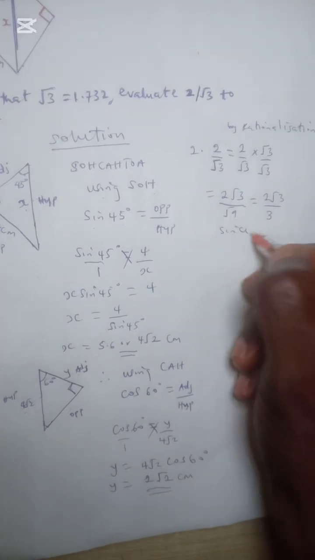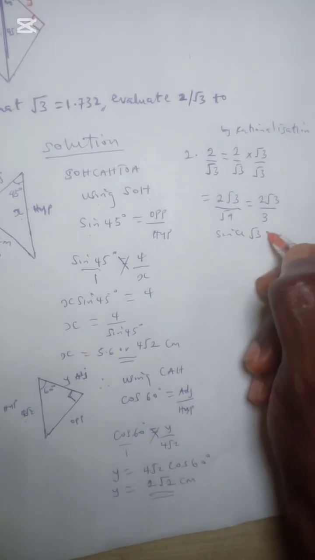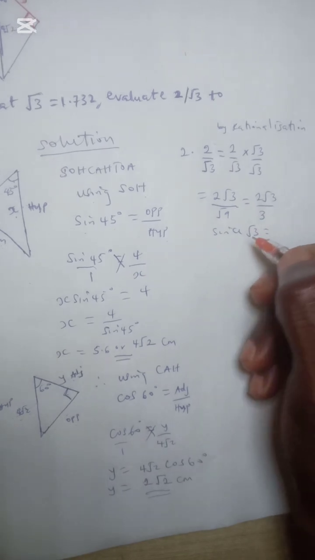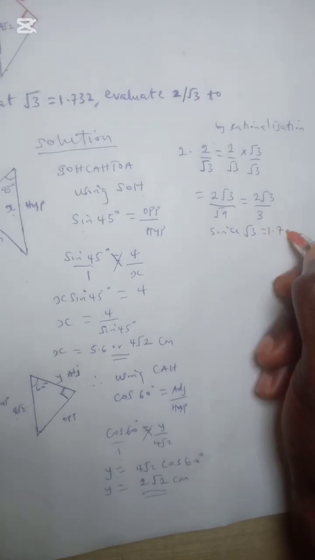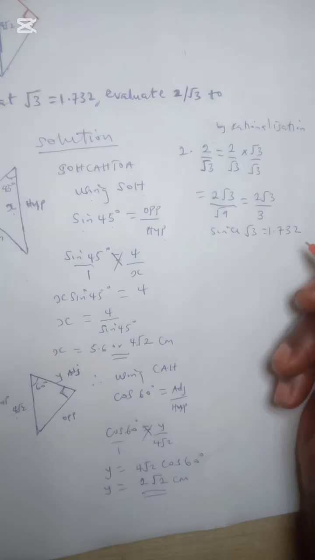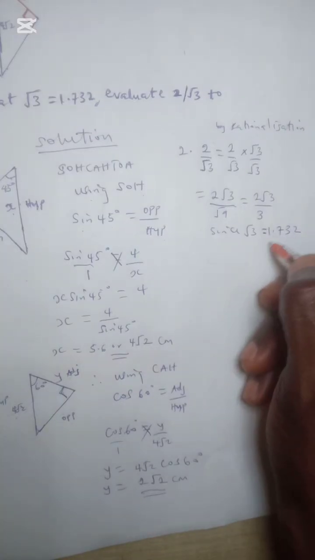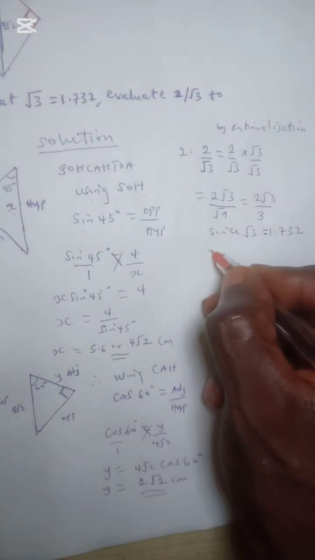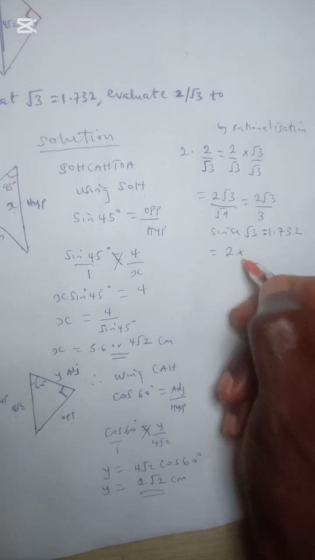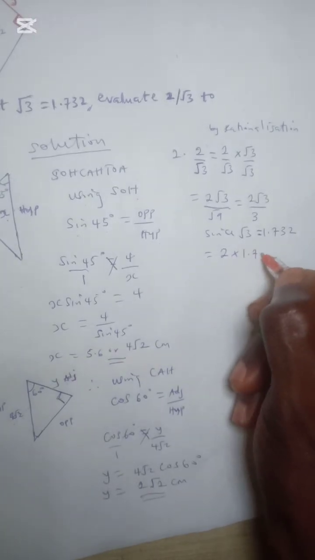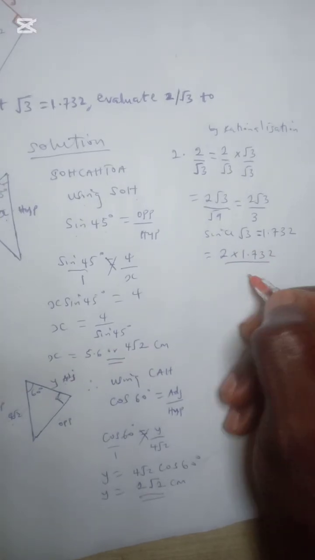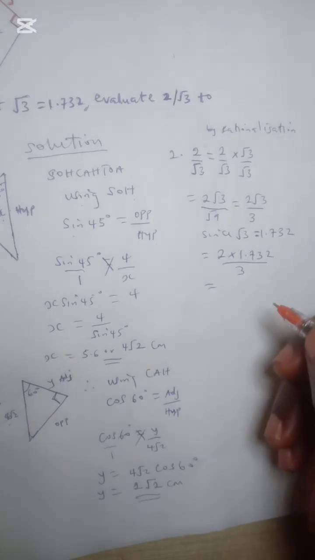Since root 3 is given to us to be 1.732, we can input it inside the expression we have. So we now have 2 multiplied by 1.732 over 3.